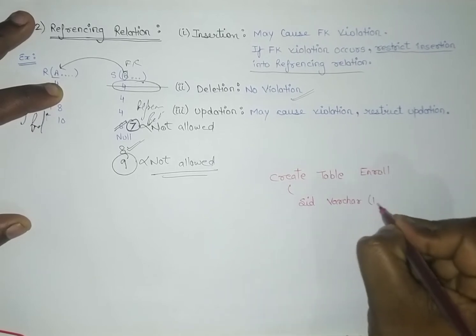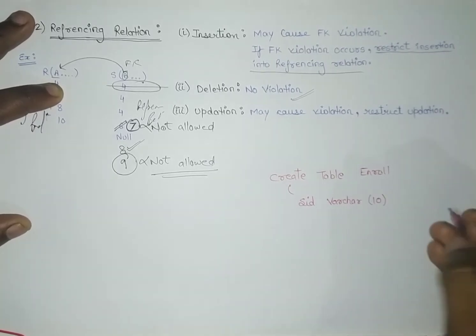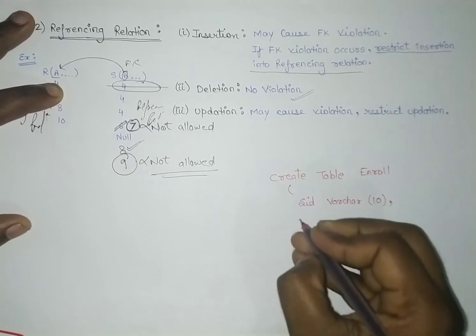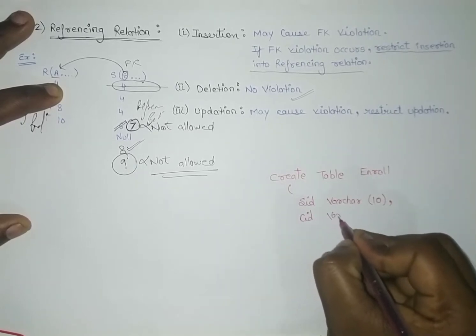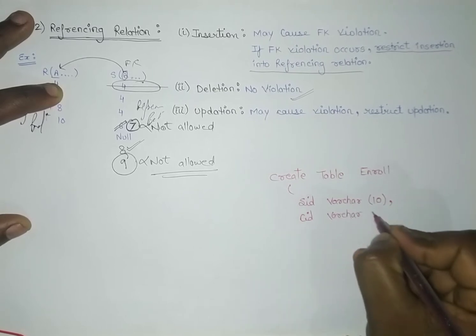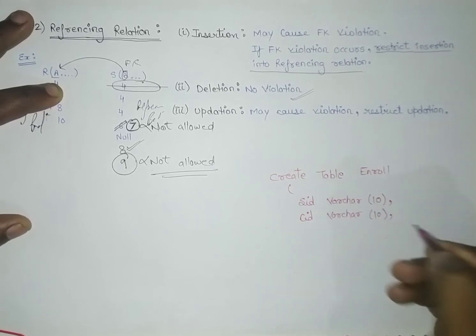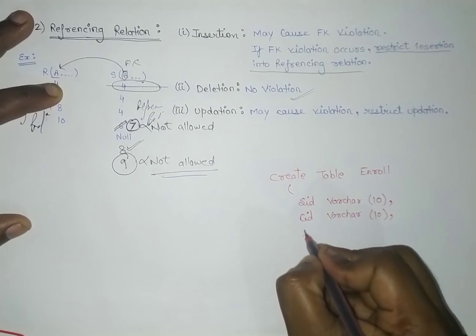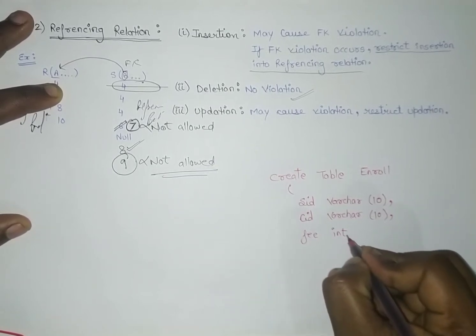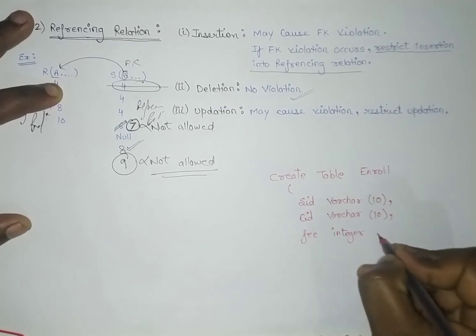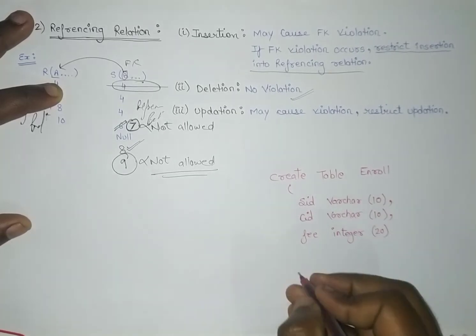I am limiting the range to 10, so up to 10 it can accept. Next, course ID. It can also accept variable characters, so I am taking varchar and limiting it to length 10. Fee cannot be in characters, so fee can be integer only. So I can limit it with 20.